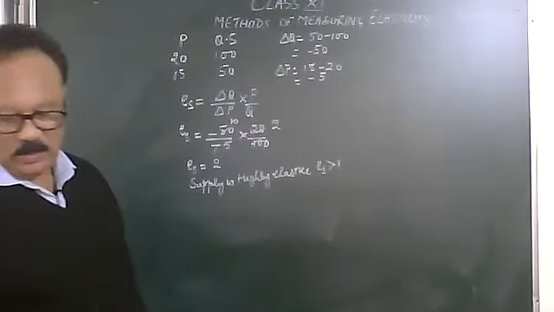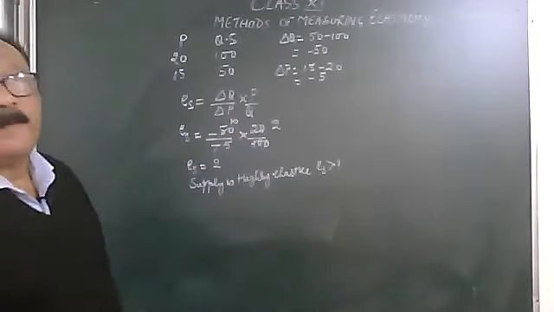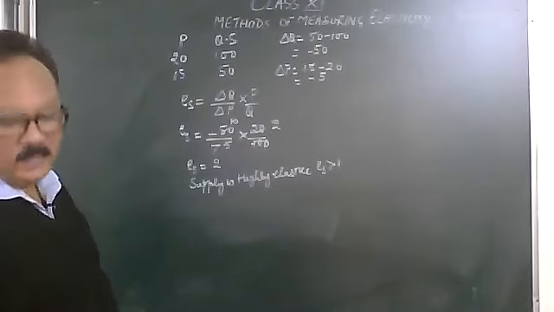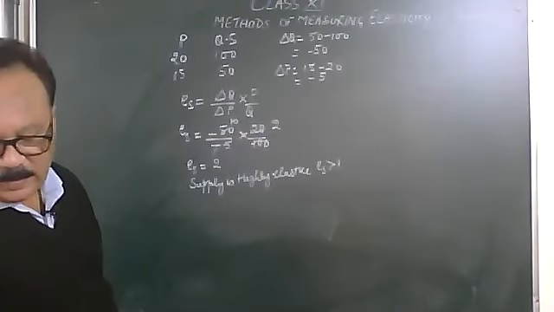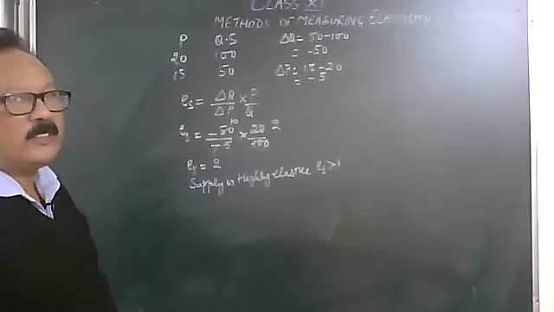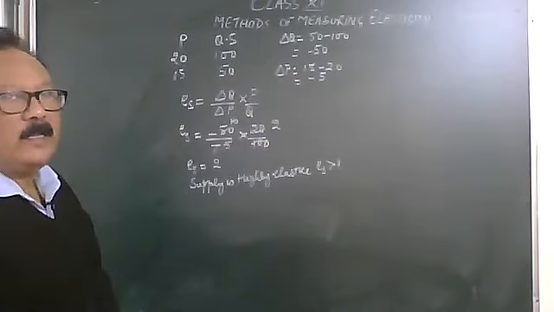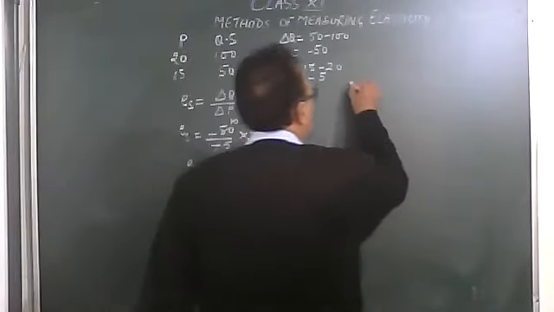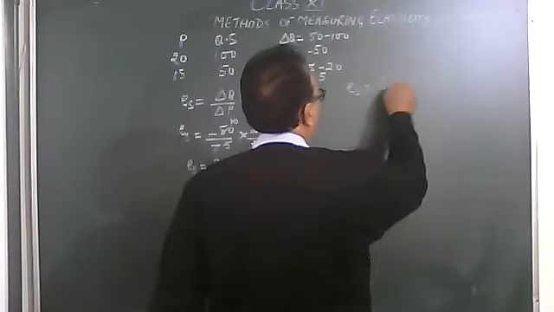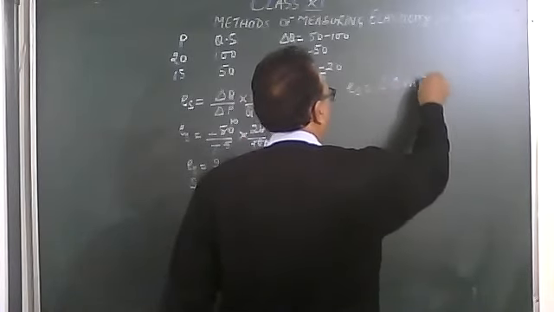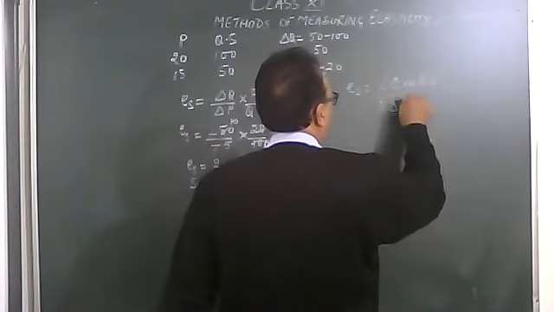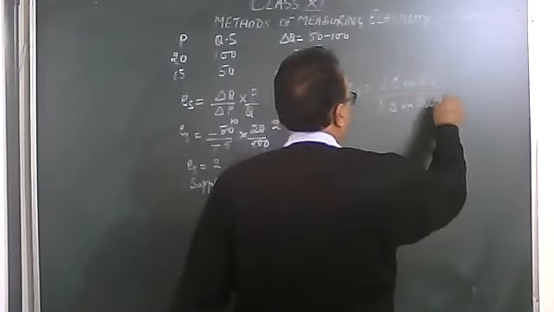As for this, it is 2. So ES is greater than 1, it is highly elastic. That was the proportional method. Now let us do this by the percentage method. ES is equal to percentage change in quantity supplied upon percentage change in price.